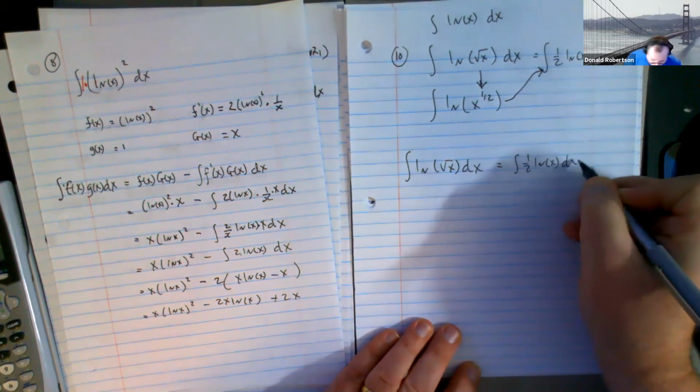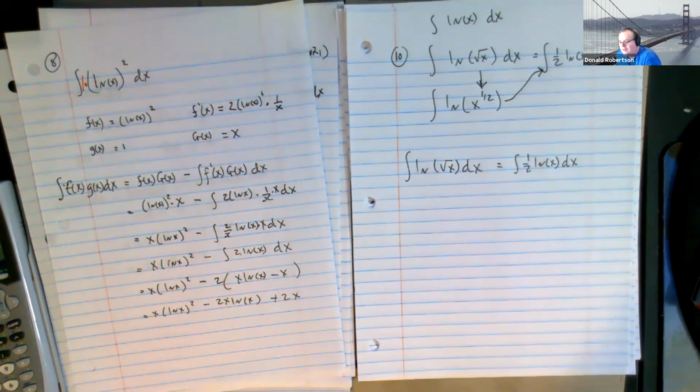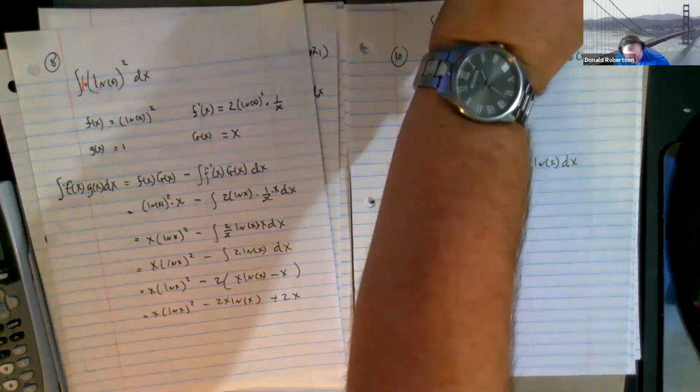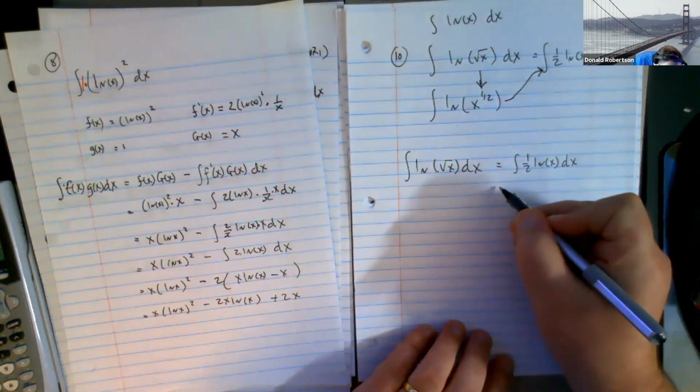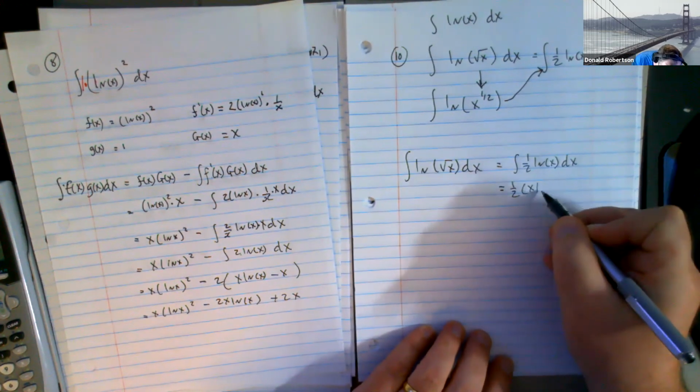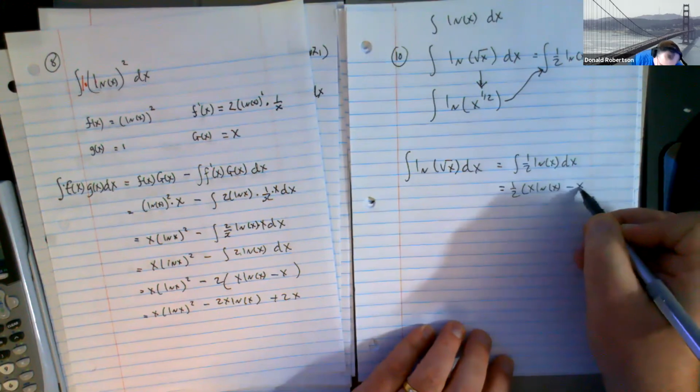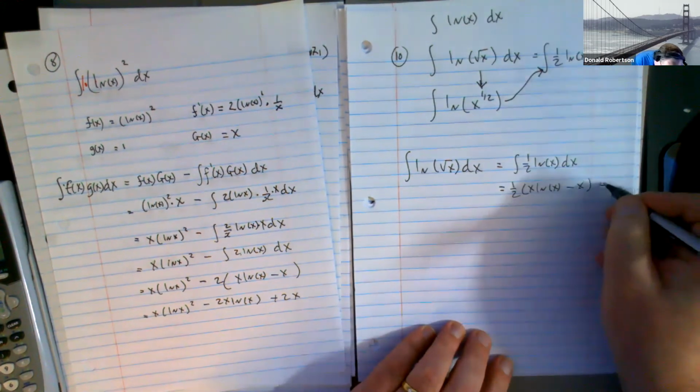But wait a minute, don't I already know the integral for the log of x? It's x log x take away x. So a half of them will be 1/2 of x log x take away x plus c.